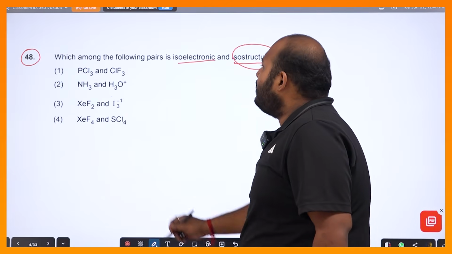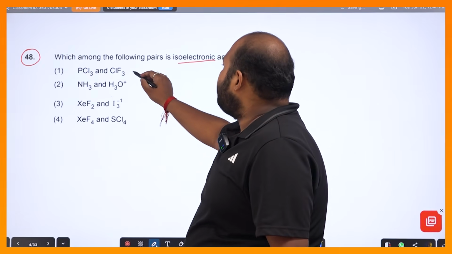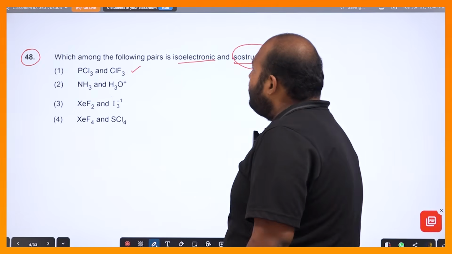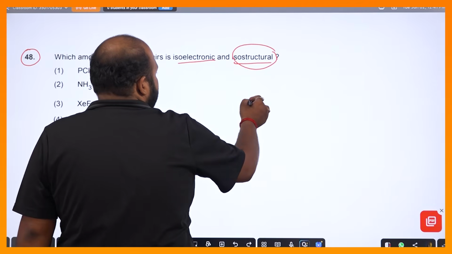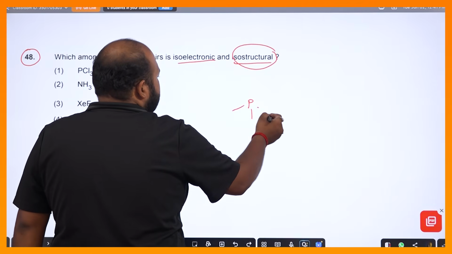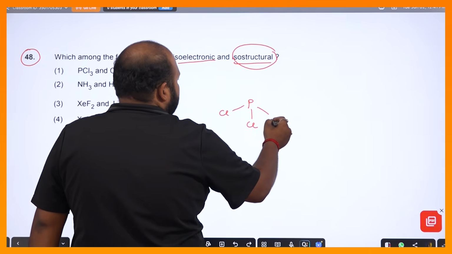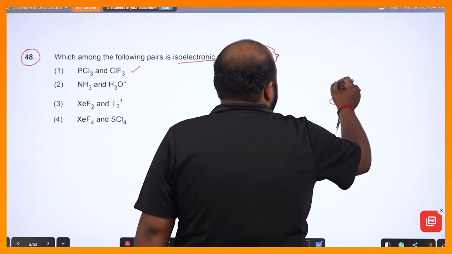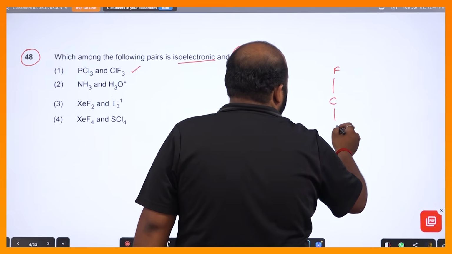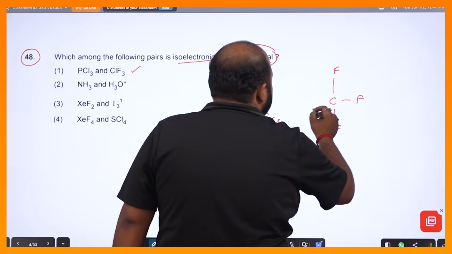So if we see the first option, that is PCl3 and ClF3, I hope you can understand that PCl3 will have a structure like this, and ClF3 will be like this.